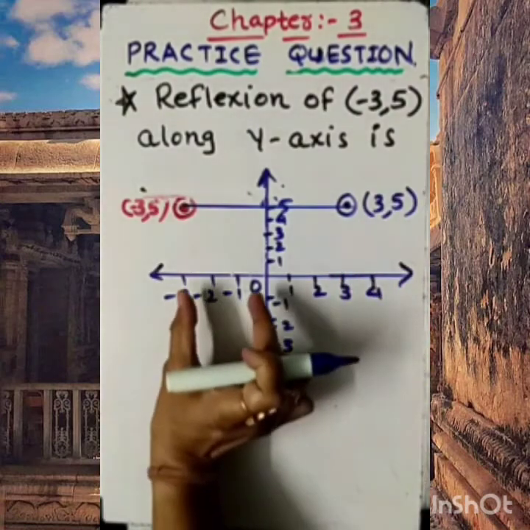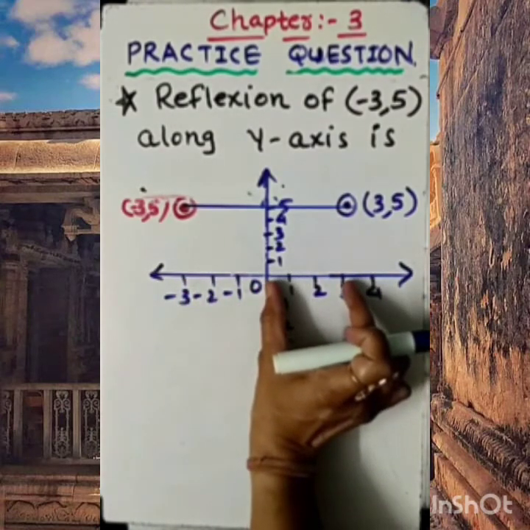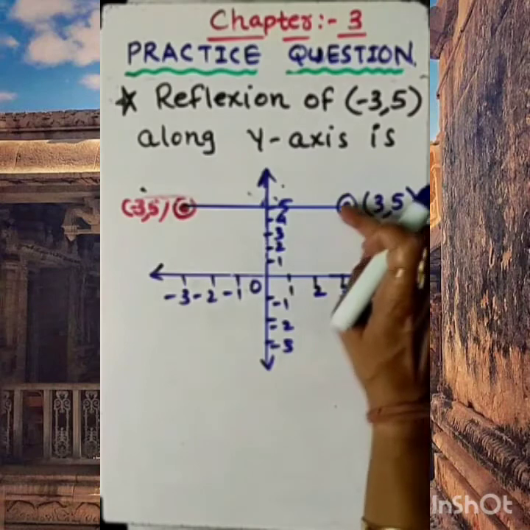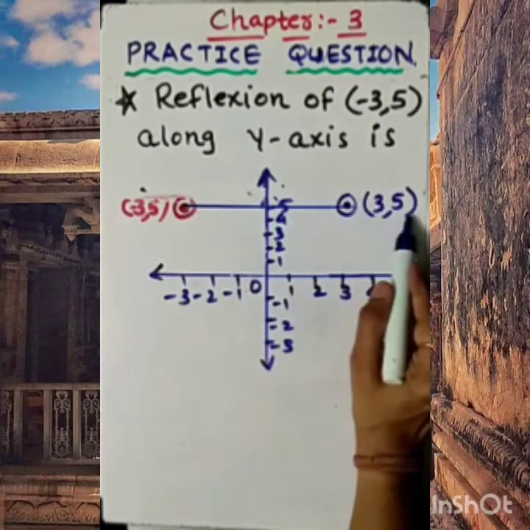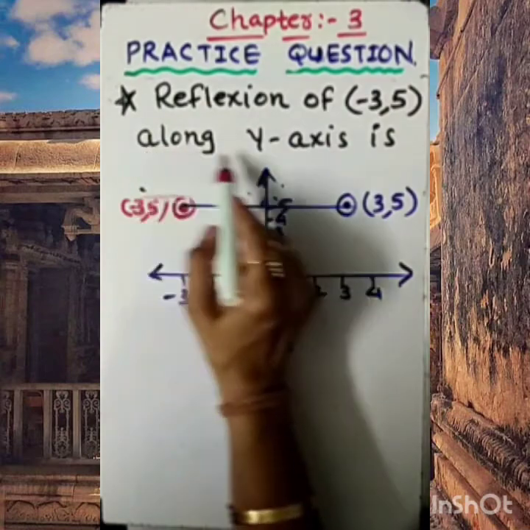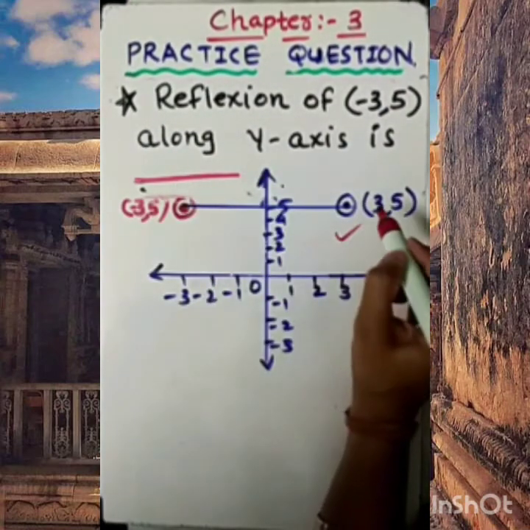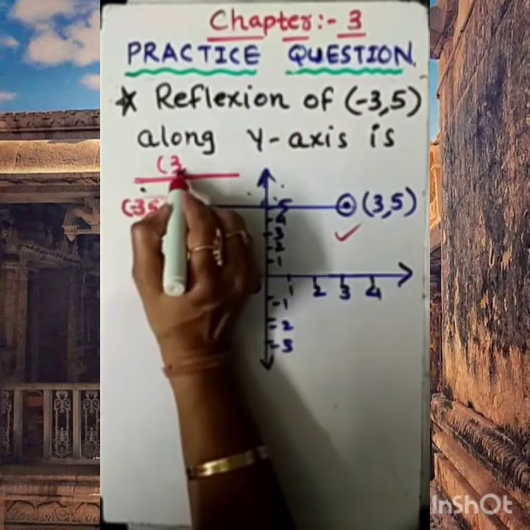Fine, because the distance this 3, so here it also will remain 3, and this distance is 5, this distance is 5, so it is 3 comma 5. So the answer we need to mention, that is 3 comma 5. Fine. So along y-axis we need to mention the answer. So answer is this 3 comma 5.